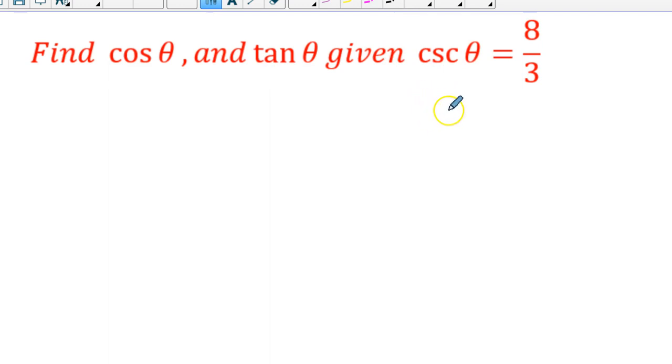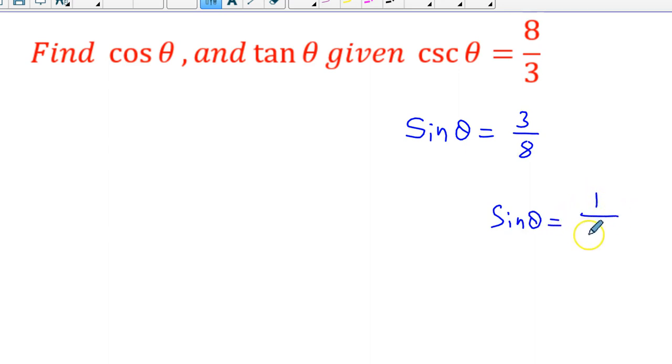Therefore, what I'll write here is sine theta is equal to 3/8 because sine theta is the reciprocal of cosecant. Due to that, it's upside down, or 8/3 became 3/8.